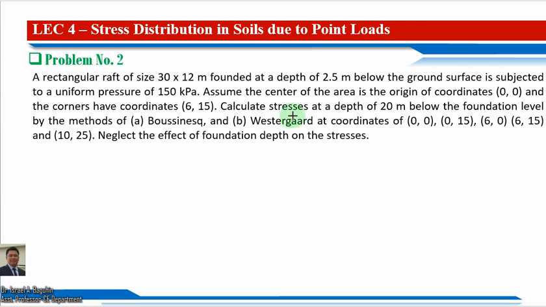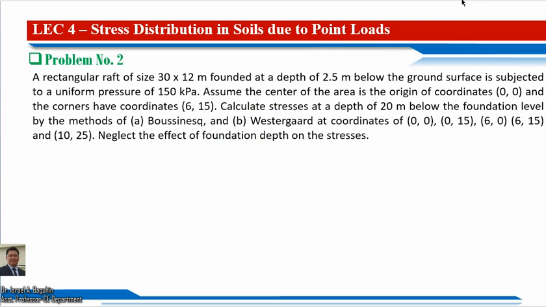We are going to calculate stresses at a depth z of 20 meters below the foundation level by methods of Boussinesq and Westergaard at coordinates 0, 0; 0, 15; 6, 0; 6, 15; and 10, 25. And we are going to neglect the effect of foundation depth on the stresses.